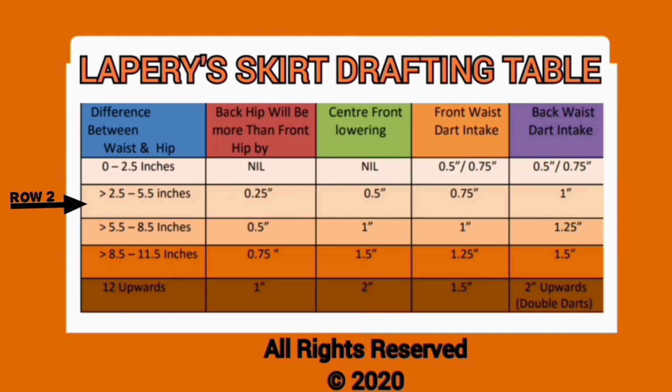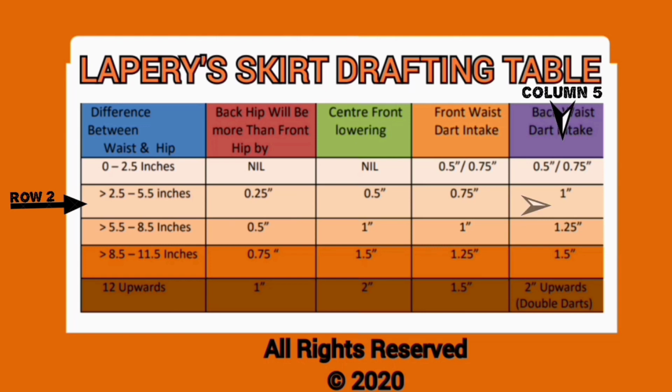Then when it comes to your center front lowering, it will be times 2 of the value in this second column, such that the center front lowering will be 0.5, which is half of an inch. We'll be lowering the center front by half of an inch, and the back will be longer by that same value. Now, in the fourth column, the front waist dart intake will be 0.75 of an inch, while your back waist dart intake will be 1 inch.